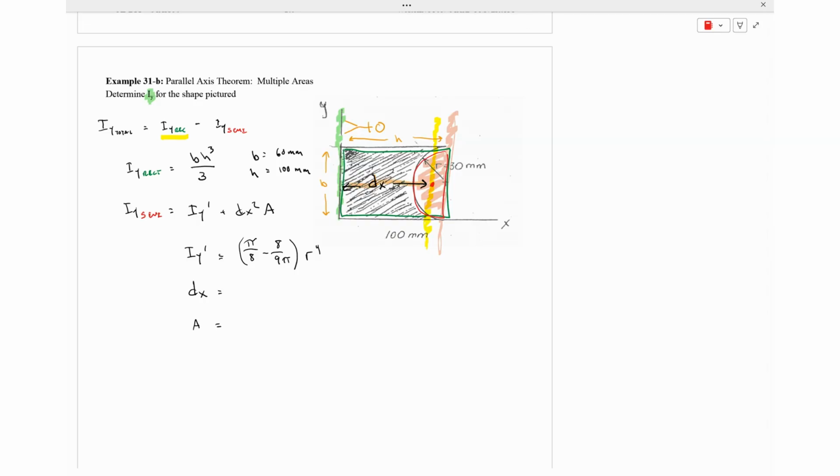So this is that dx value. In order to get that, we start with the 100 millimeters here, and then we need to subtract that distance.